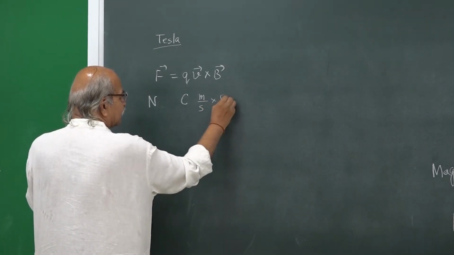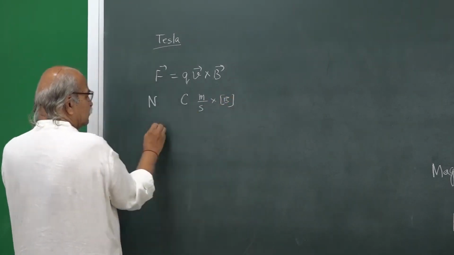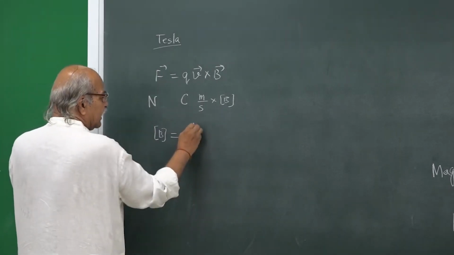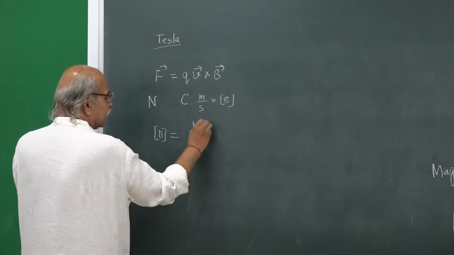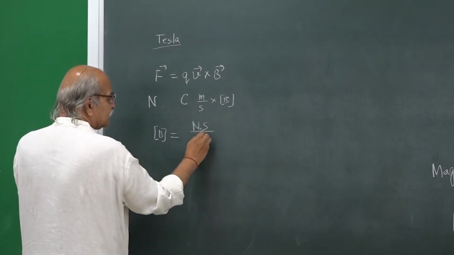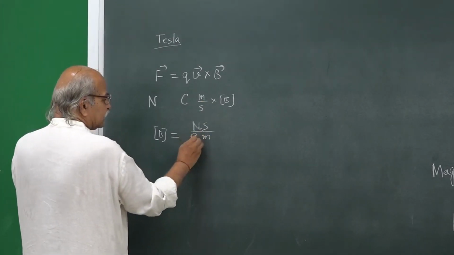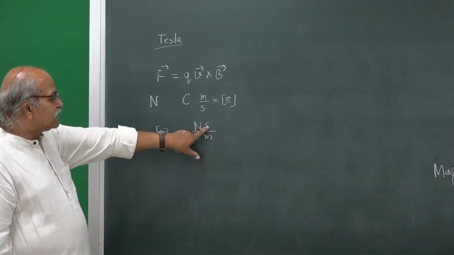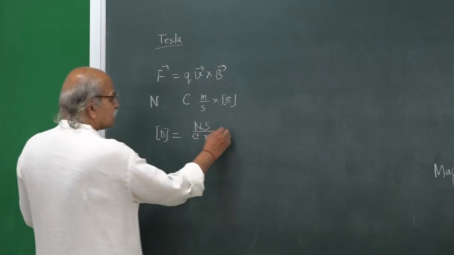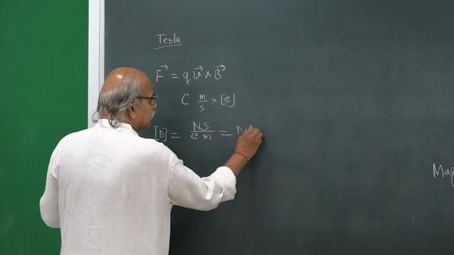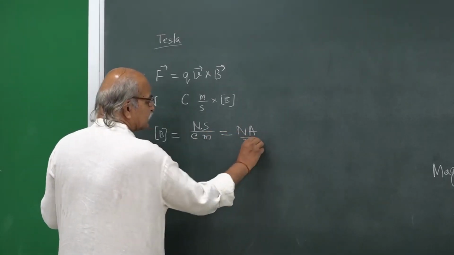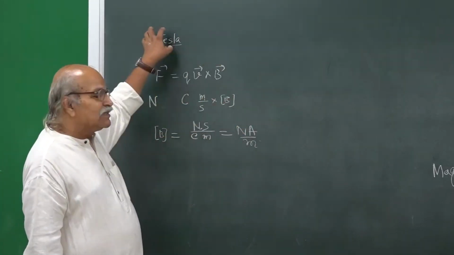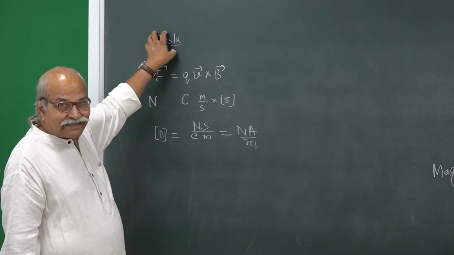Then the unit of magnetic field is Newton second per Coulomb meter. And what is Coulomb by second? Coulomb by second is current. So, this is Newton per ampere meter. That is the SI unit, and this is given a separate name, that is Tesla.